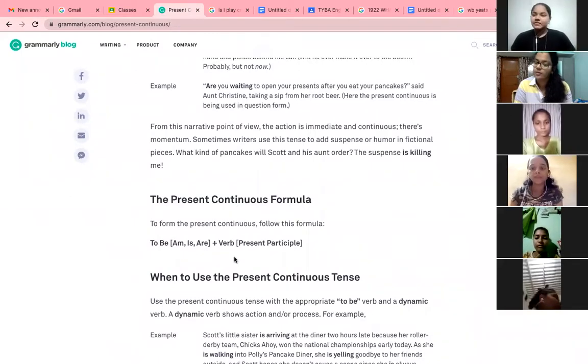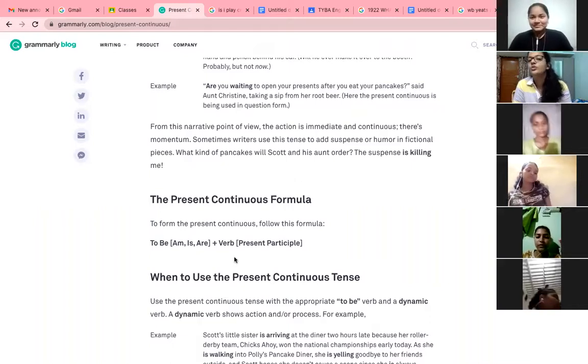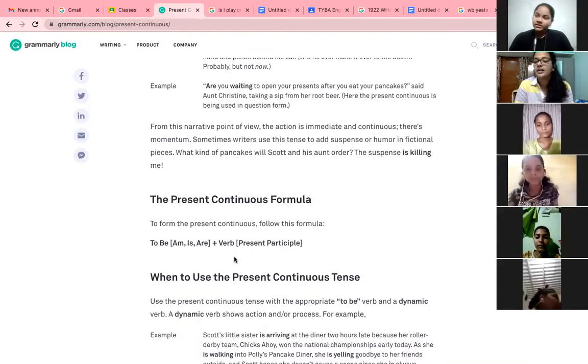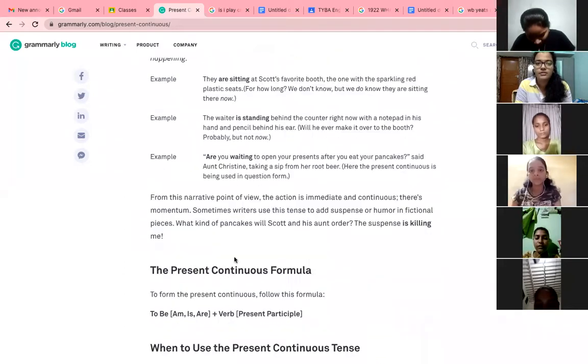Present continuous formula. To be, so it's going to open, right? It's going to be happening. Okay. Am, is, are. Okay. Let's see. The waiter is standing. Okay. I am going to be conducting this class. Okay.